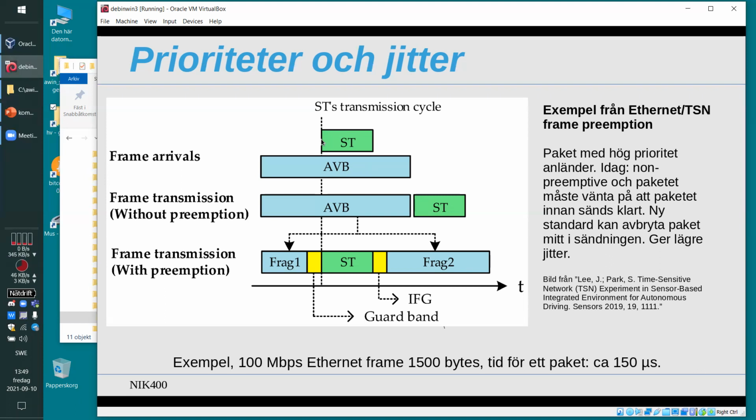So you know beforehand that now it's time for a reserved high priority slot here. Then you can actually prepare this fragmentation before the packet arrives. And then you know that now soon there will be a high priority packet, and then you are prepared directly to send it. So you will get very low jitter.